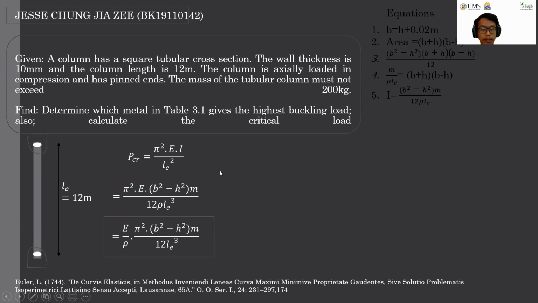Next, we need to find the suitable metal in table 3.1 based on the Euler equation, which is the critical load equals pi squared times the modulus of elasticity times the moment of inertia over the effective length squared. By substituting the I from equation 5, we can obtain the equation as such.